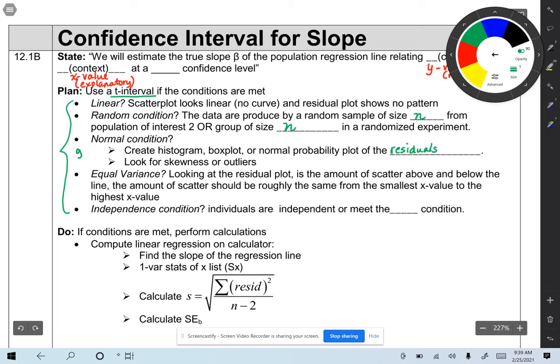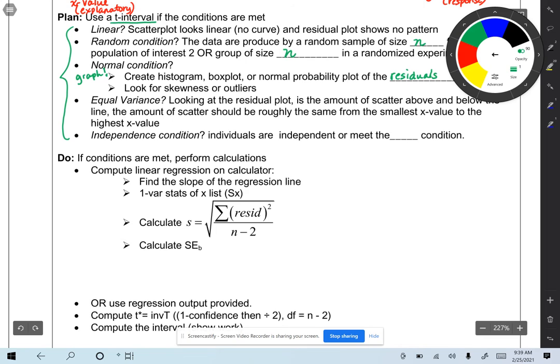So graph. On a test here, just make sure you describe it. Look for skewness or outliers. Equal variance is the amount of scatter above and below the line. The amount of scatter should be roughly the same from the smallest x value to the highest x value. Independence, meaning the 10% condition.